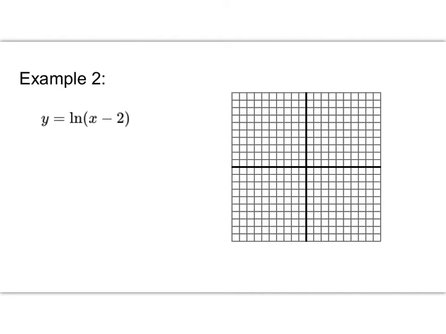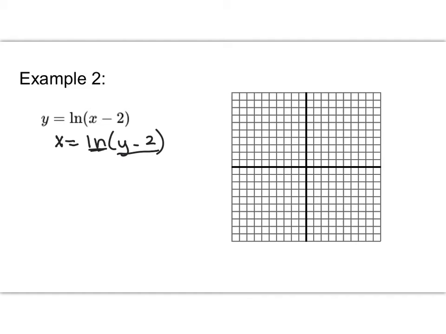Okay, for our next example, we're going to do something a little bit more complicated. Everybody loves natural logs. Just kidding. That's why we're going to graph one. So I'm switching my x and y values around, and now I need to solve for y. Because I have a natural log here, this is all in parentheses, I can't do anything with that until I undo the natural log.